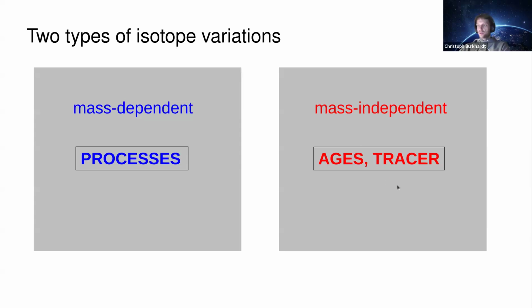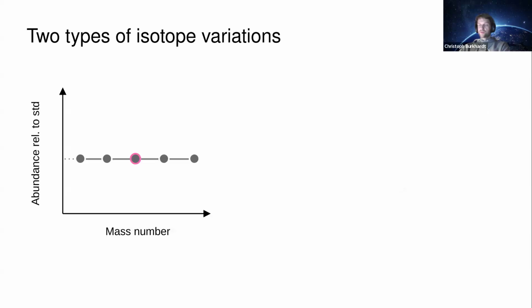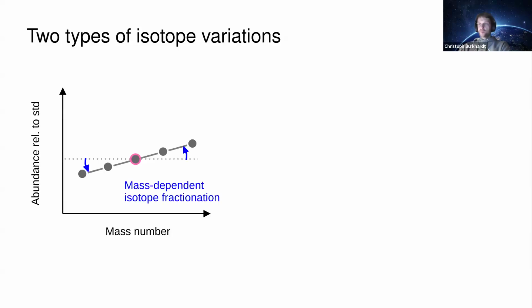And just to give you an example of what the differences of these variations are, let's assume we have an element with 5 isotopes. Let's name it Ed Scottium. And you have the abundances relative to a standard. And now if something happens to the sample, some physicochemical process, we might fractionate the isotopes. In a mass-dependent isotope fractionation, in this case, we enrich the heavy isotopes relative to the standard and deplete the light isotopes relative to the standard.